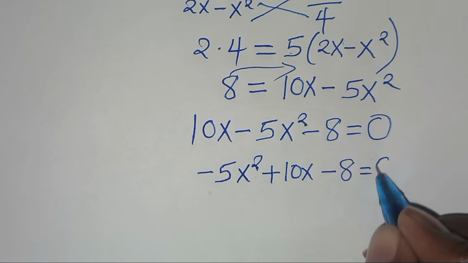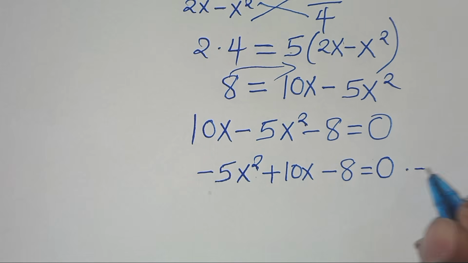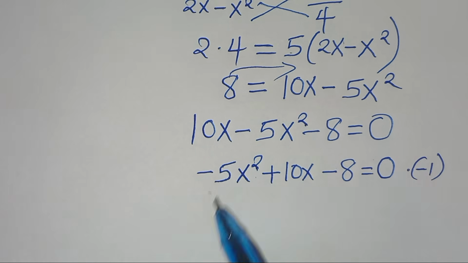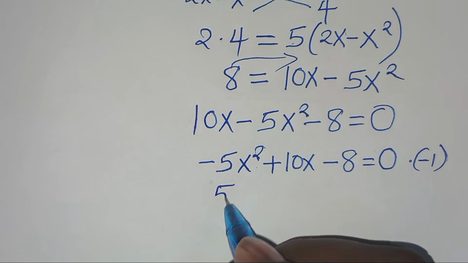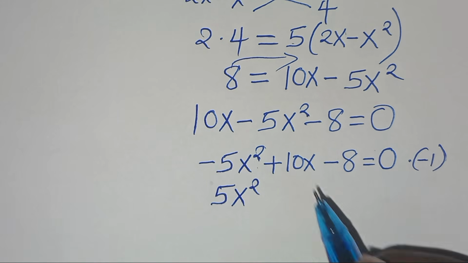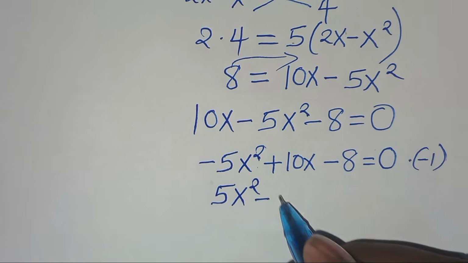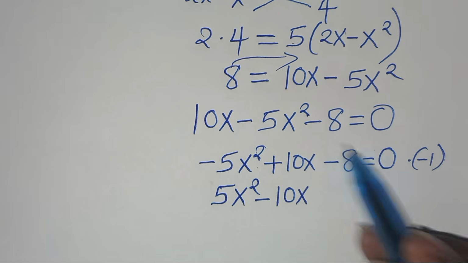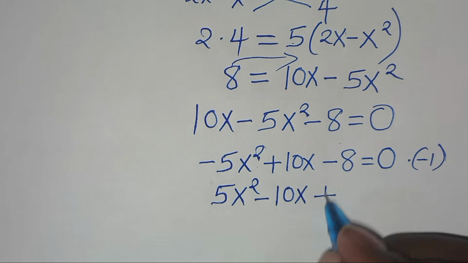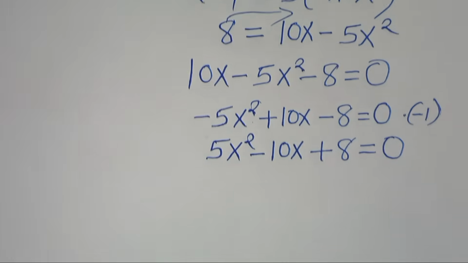This is equal to 0. So let's multiply everything here by minus 1. Negative 5x squared times minus 1, this is 5x to the power of 2. Plus 10x multiplying by minus 1, this is negative 10x. Then minus 8 times minus 1, this is plus 8. And this is equal to 0.